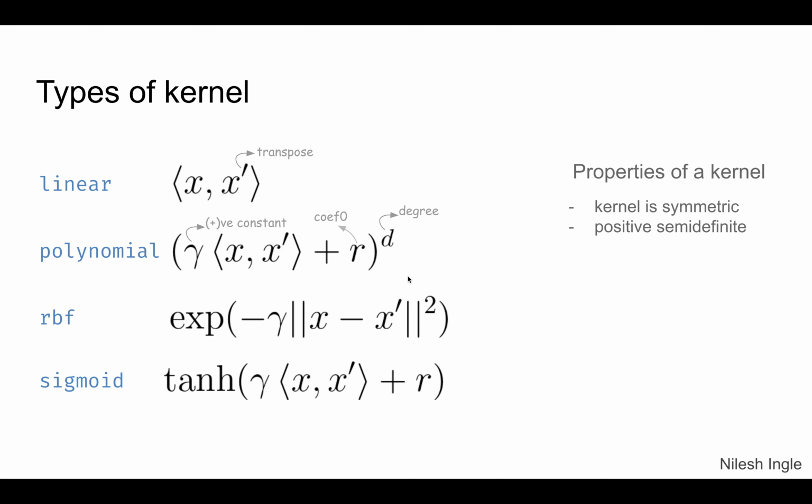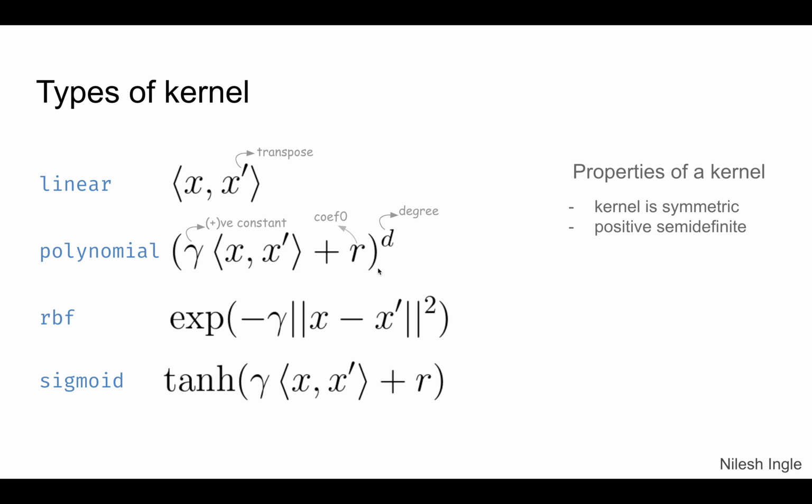Now, the types of kernels that are used in scikit-learn for support vector machines are shown here. We have a linear kernel, we have polynomial kernel, we have RBF, radial basis function, we have sigmoid kernel, and these are the equations that are shown for all these types of kernels. And this angle bracket just shows that it's a dot product between x and x transpose.